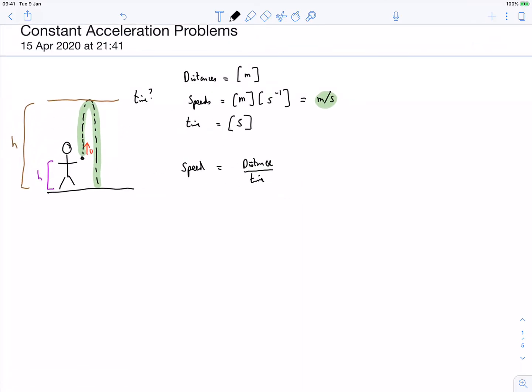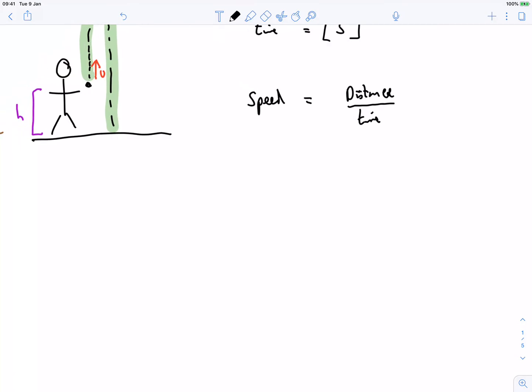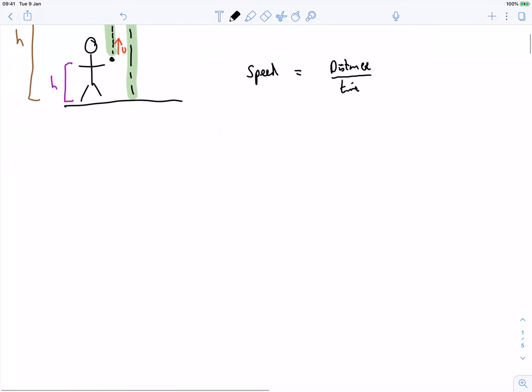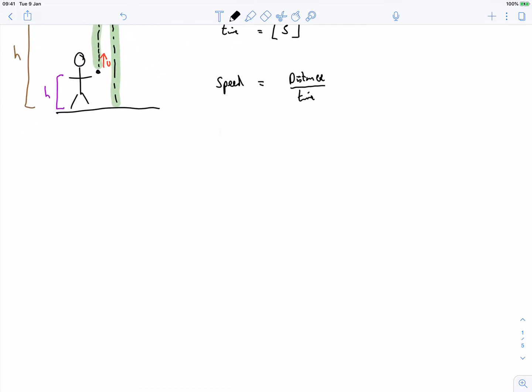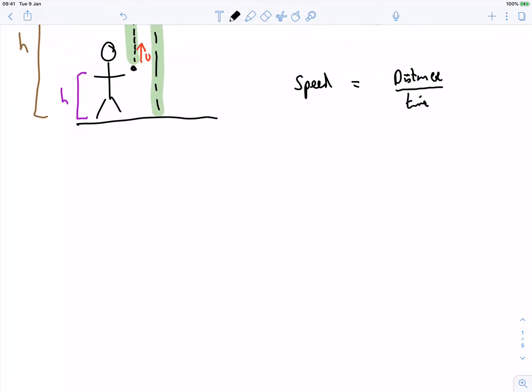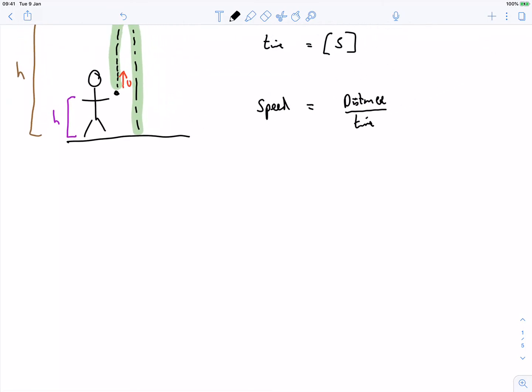But at the moment, no pun intended, I just want to get the mechanics of this out of the way. So there's a couple of things. Speed is distance over time, and to be specific, the speed over a certain interval is the change in distance over the change in time.